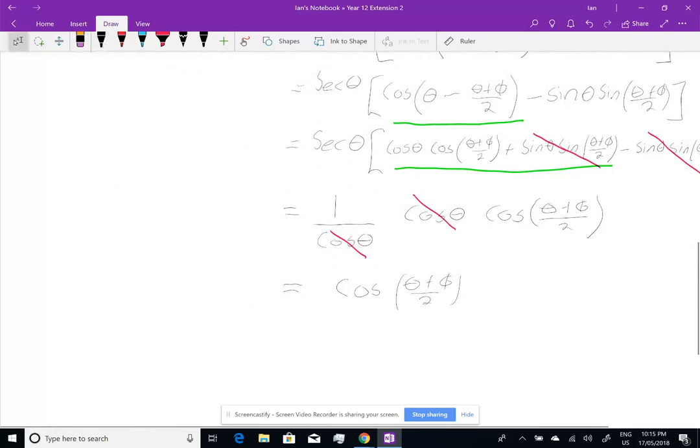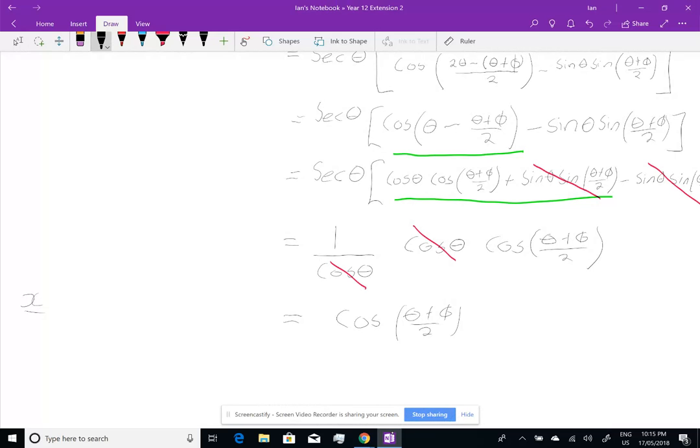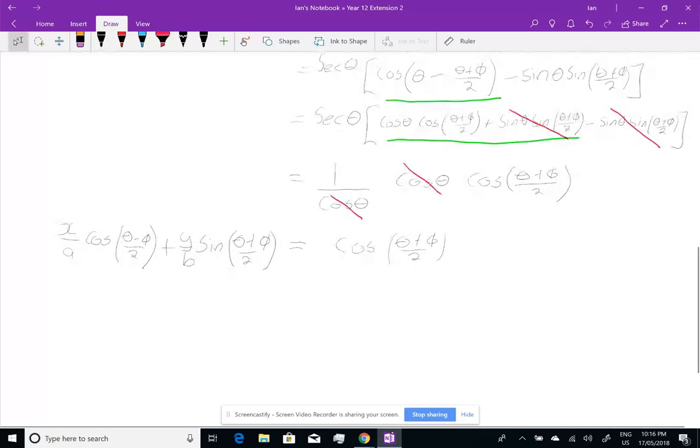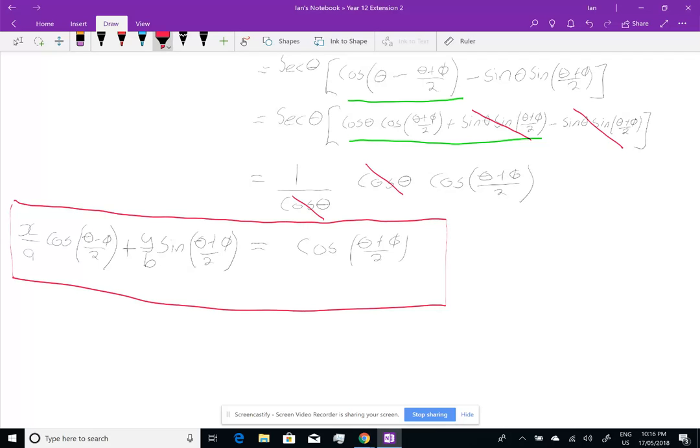And what's on the left-hand side? Remember what's left on the left-hand side? There, it's all there. It's x on a cos theta minus phi on 2 plus y on b sine theta plus phi on 2. And that is the equation of the chord between any 2 points on the hyperbola.